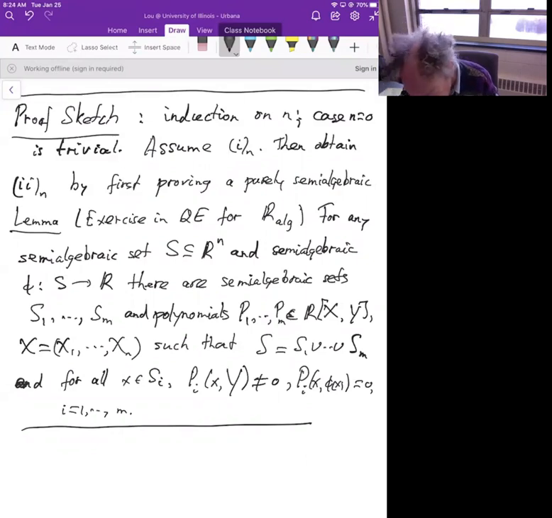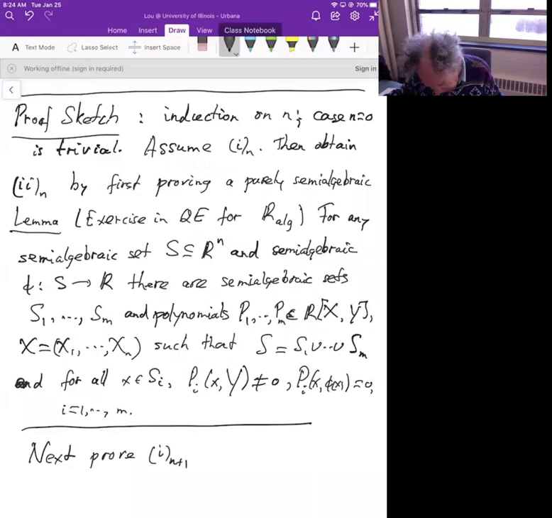And once you have 2n, you prove 1n+1. So next, proof. And this is a bit typical for a lot of things in o-minimal proofs, that you set up the induction in this way with two parts, where you go from something about sets to something about functions, and then you use that to go to the next dimension for sets.